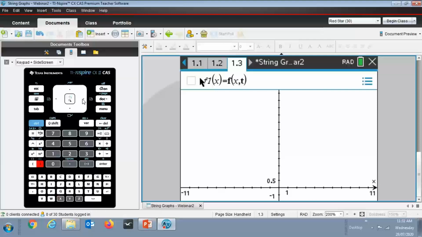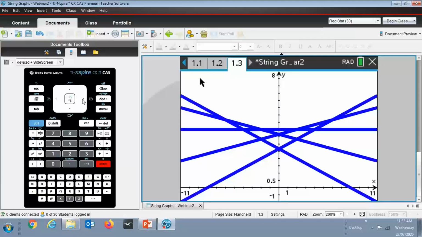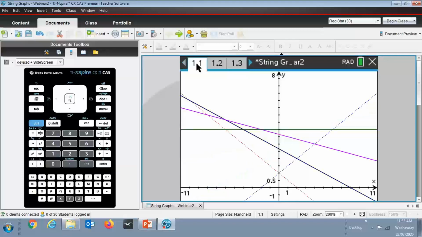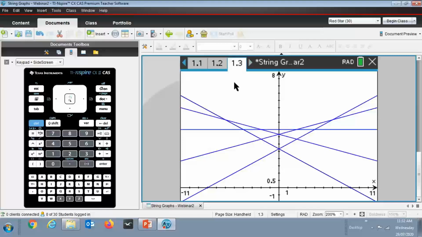Close the brackets, and when I press enter, we should see all 5 graphs for those t values, and they're there. So we get the first 3 that we had in the previous graph. I'll just flick back to that for a second. We have those 3, but those 3 have been complemented by others on the right, giving us a bit of symmetry.